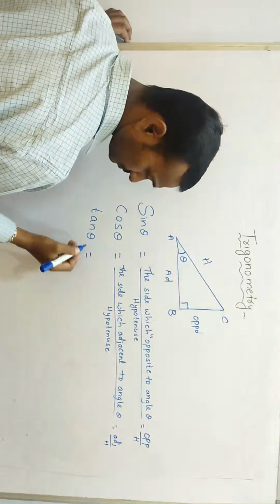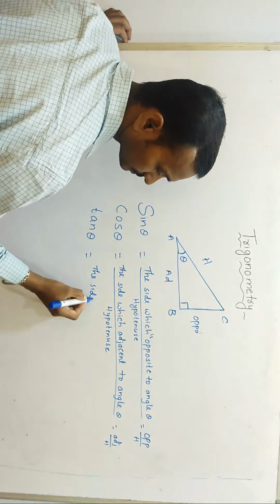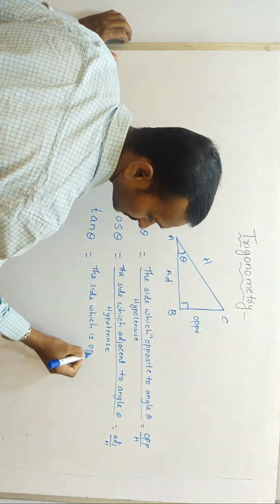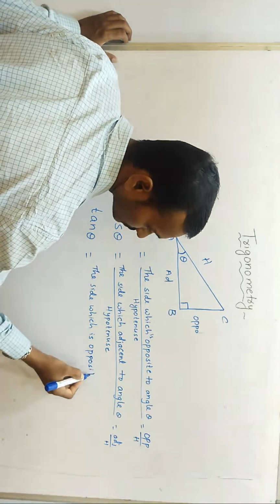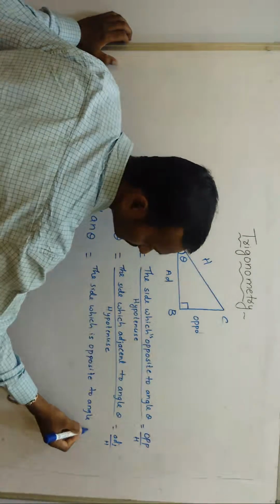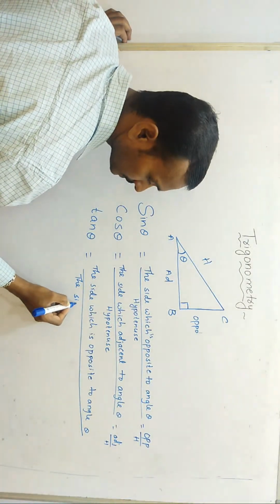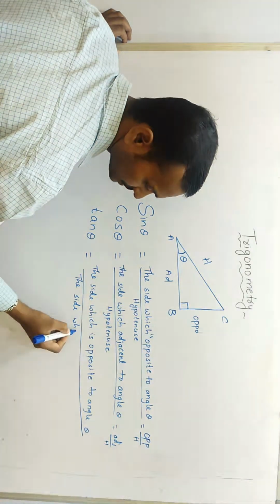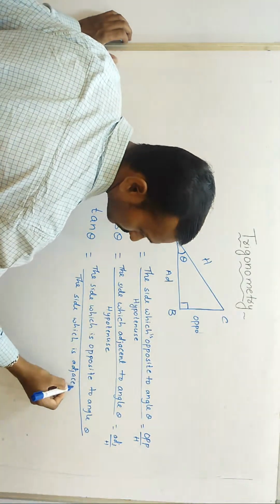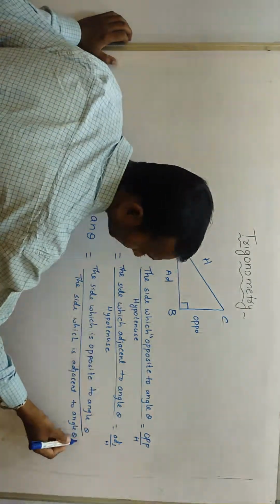What is tan theta? Tan theta is nothing but the side which is opposite to angle theta by the side which is adjacent to angle theta.